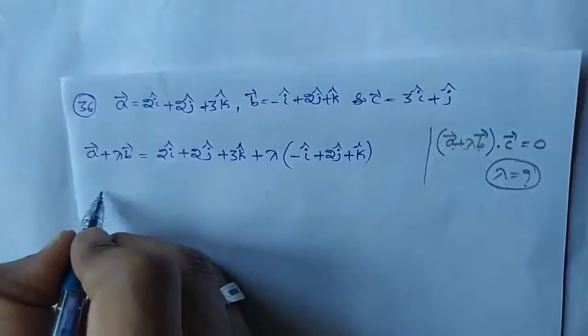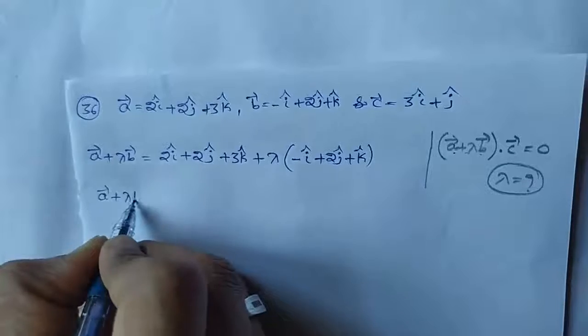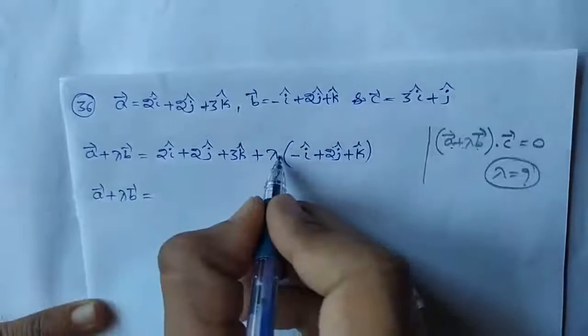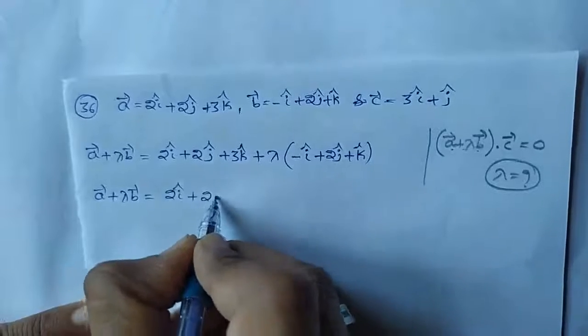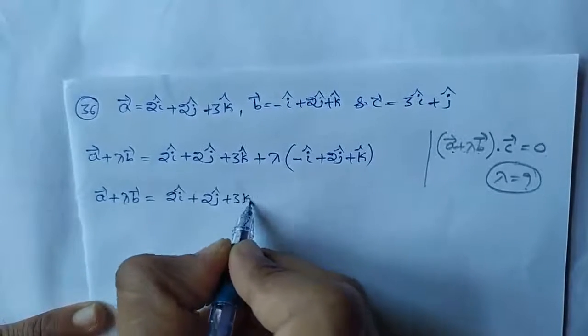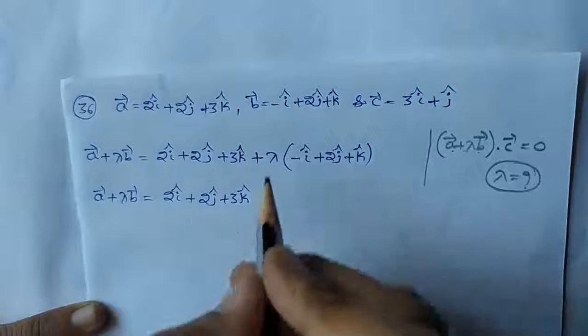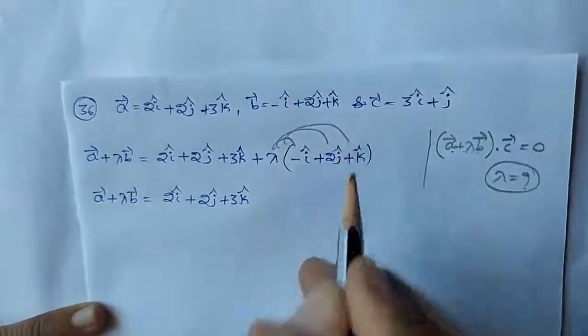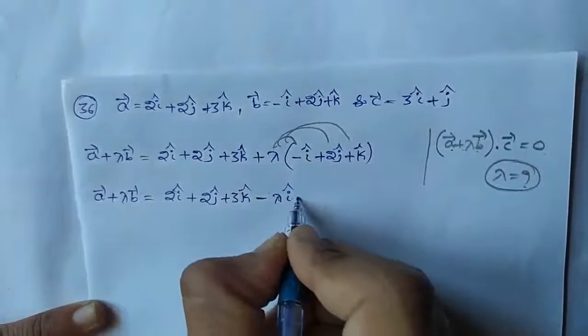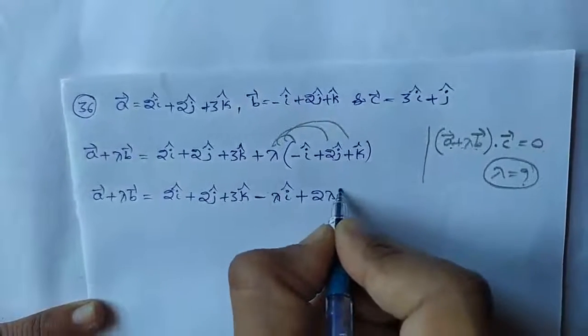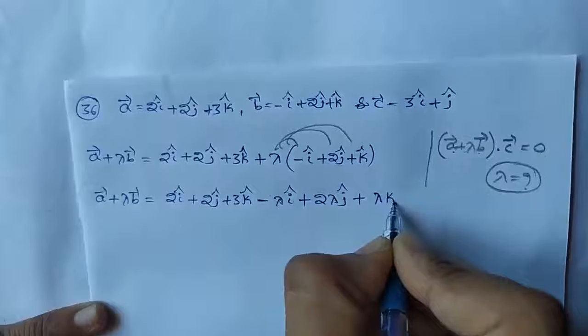Now a plus lambda b vector equals 2i plus 2j plus 3k, keep it as it is, and apply this lambda inside the brackets. Then what we will get? Minus lambda i cap plus 2 lambda j plus lambda k.